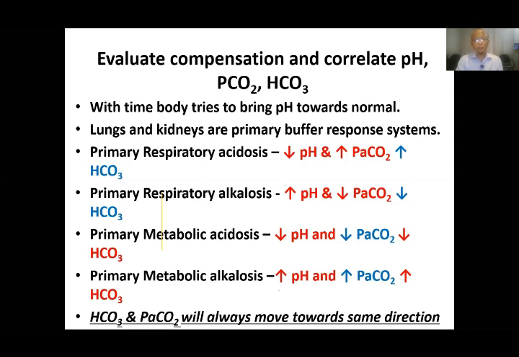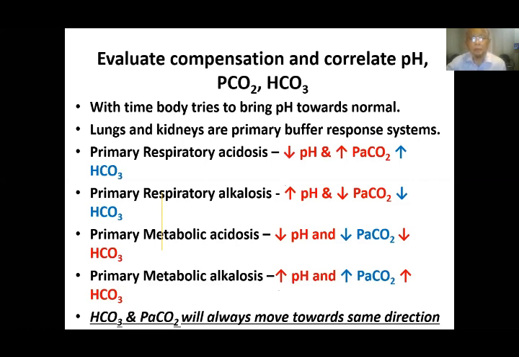In case of primary respiratory alkalosis, pH will be high, PaCO2 will be less, and bicarbonate will be less. You are seeing that both PCO2 and bicarbonate usually move in the same direction.